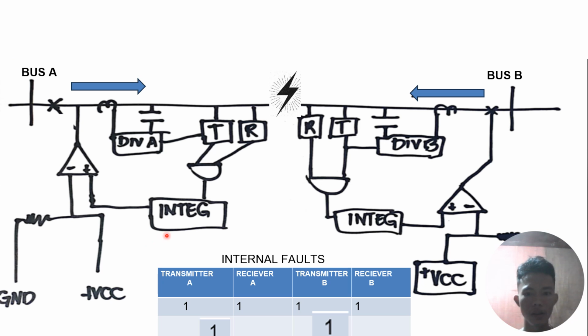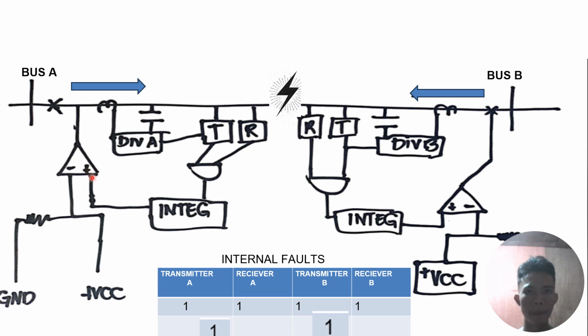The integrating circuit will process the decision signal to be sent to the comparator. The negative side of this comparator will be connected to the supply, which is the positive VCC, and the ground. So here, the comparator will make the decision.